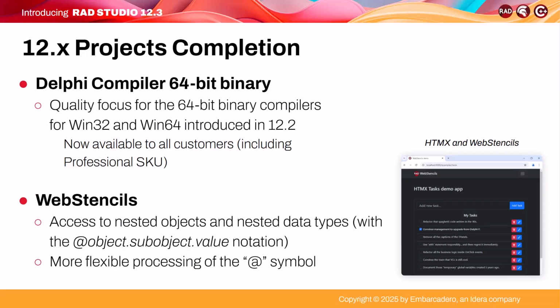Of course, they can also directly be invoked from the new 64-bit IDE. These compilers were introduced in 12.2, but they were limited to Enterprise and Architect. Now they are available in all paid editions. Not only that, but we've worked on the performance of these compilers and improved their quality.